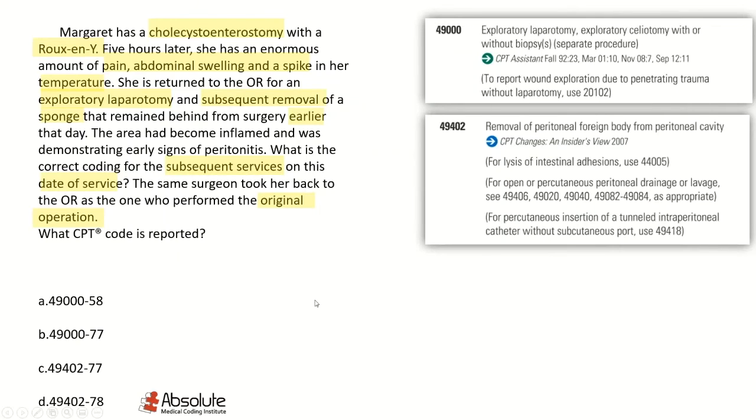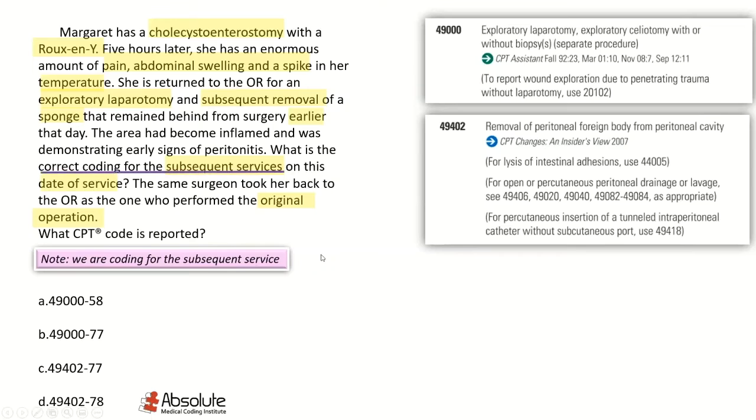But if you're not quite comfortable, because as a student, I wasn't with the modifiers when I was learning, I still was like, well, just tell me about that code, okay? Just tell me about that code, and then we'll talk about that modifier. So we're coding for the subsequent service. We know that the patient had all of this done, but we're coding for that subsequent service. They're going back.